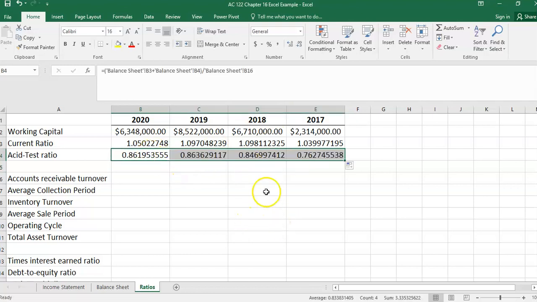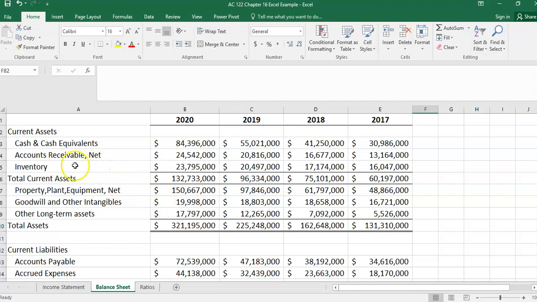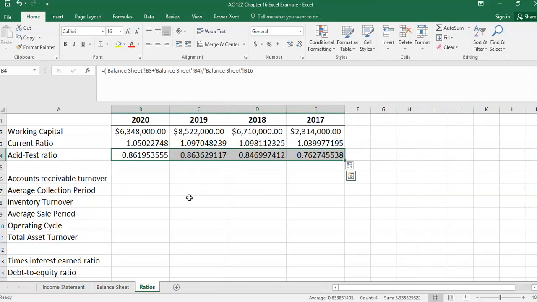So this number is below 1. So this tells us that this company, they don't have any prepaid assets, but they do have inventory. That means that they do rely on the ability to sell inventory in order to pay their debts off for the next year.